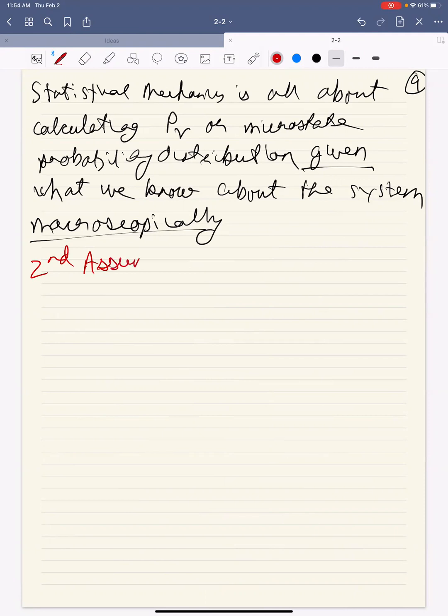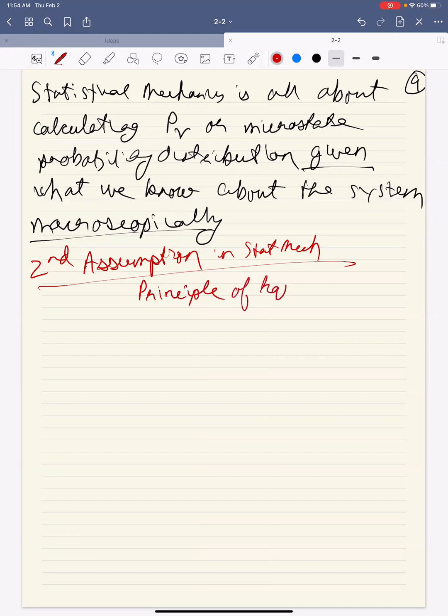So the second assumption in statistical mechanics, which cannot be proven from ergodicity, is known as the principle of equal a priori probabilities. What does a priori mean?